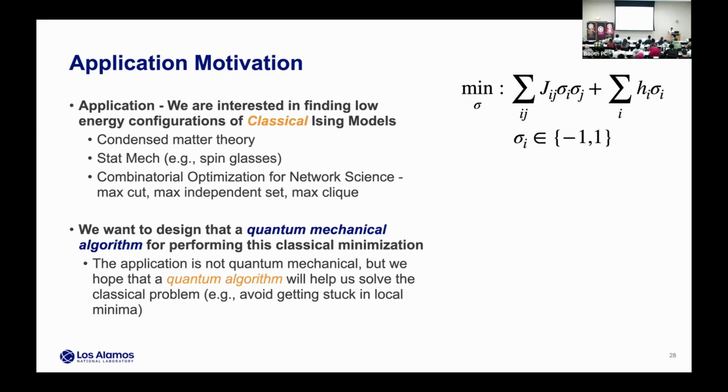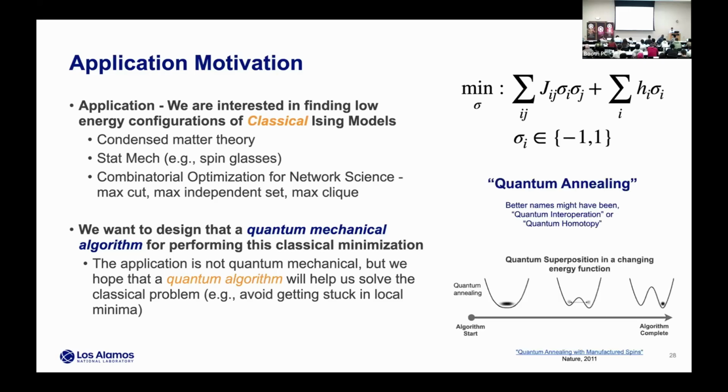So we want to solve a classical problem, but we want to design a quantum mechanical algorithm that somehow helps us do this classical minimization. So the application is not quantum mechanical, but we hope the quantum algorithm gives good insight.